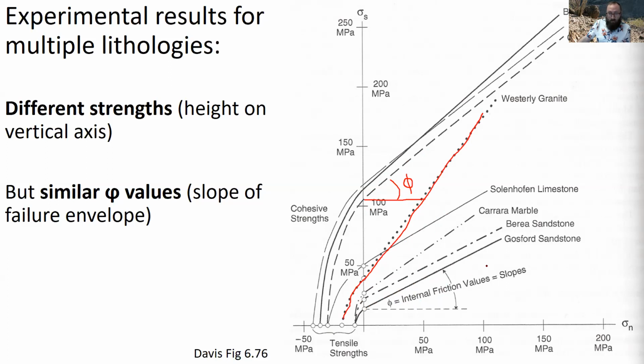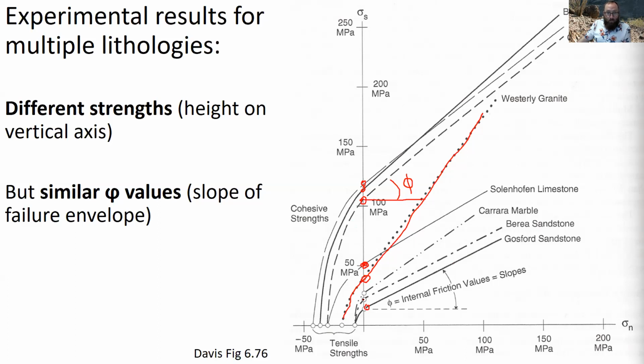Regardless of rock type, and this is again for unblemished, intact rock that doesn't already have fractures in it. So the only thing that differs in each of these is the cohesive strength, where the y-intercept intersects the y-axis here, telling us the initial amount of strength we have to overcome to break the rock's internal strength apart.